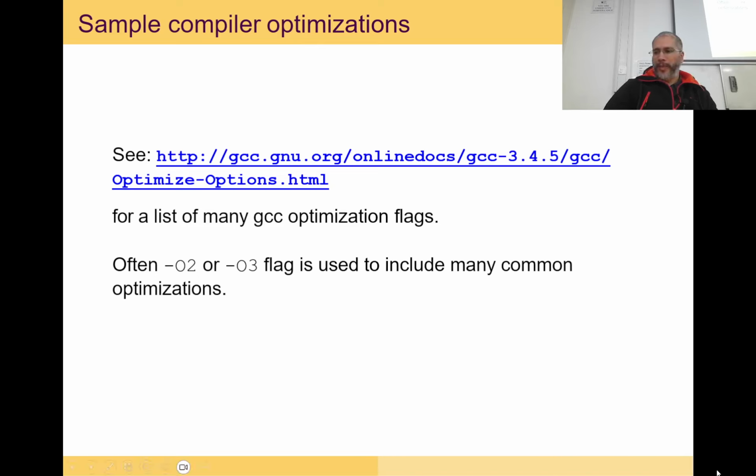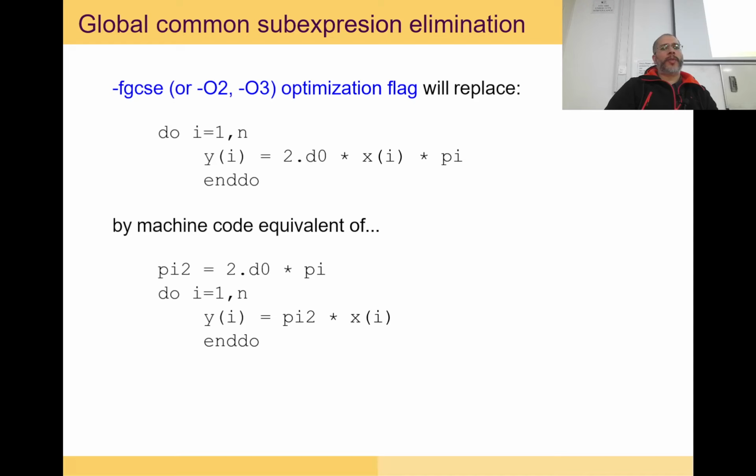So let's look at an example here. You have a do loop where you are calculating y_i as 2 times x_i times pi. In this case, and we tend to do it, if we have a formula, we'll evaluate that in a loop like this. But what's happening here is that in every execution of the loop, you are doing 2 multiplies.